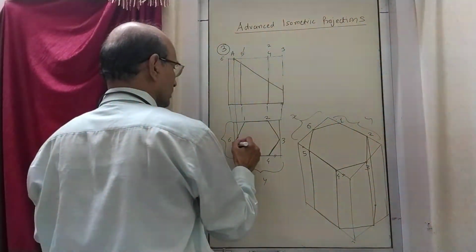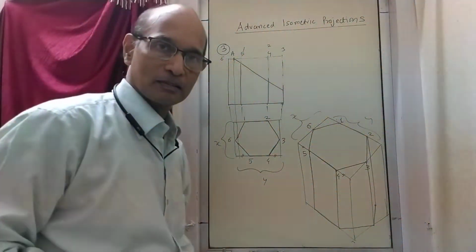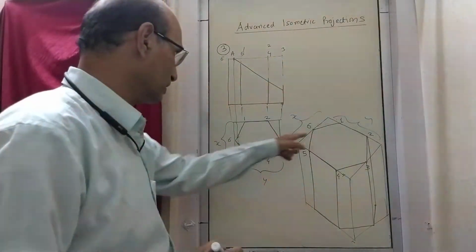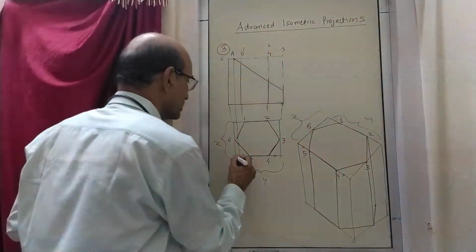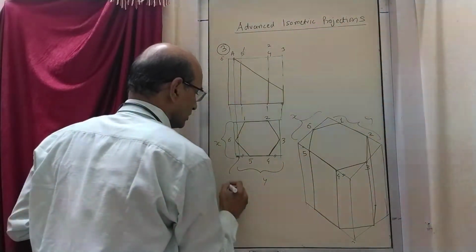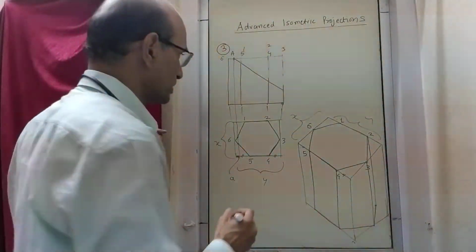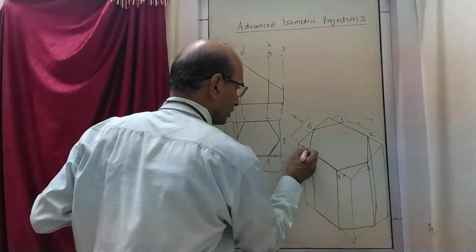you will find this is the place from where the cut starts. So you have to identify where is this line here. For that, what you do is you measure this distance here. Whatever is this distance, suppose I call it small a. The small a distance you have to take here.